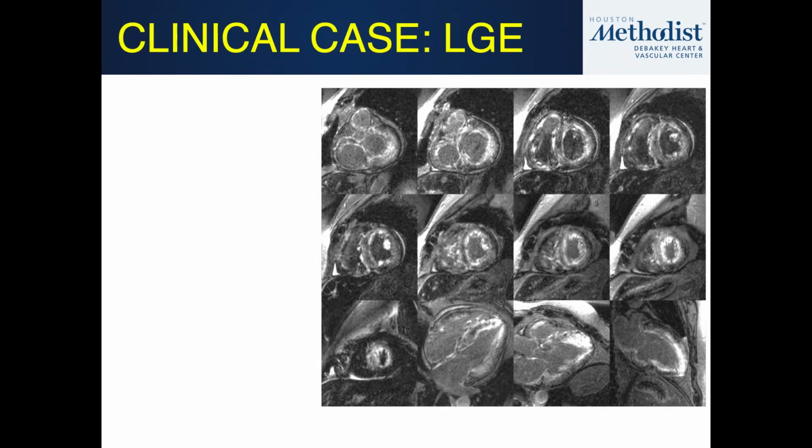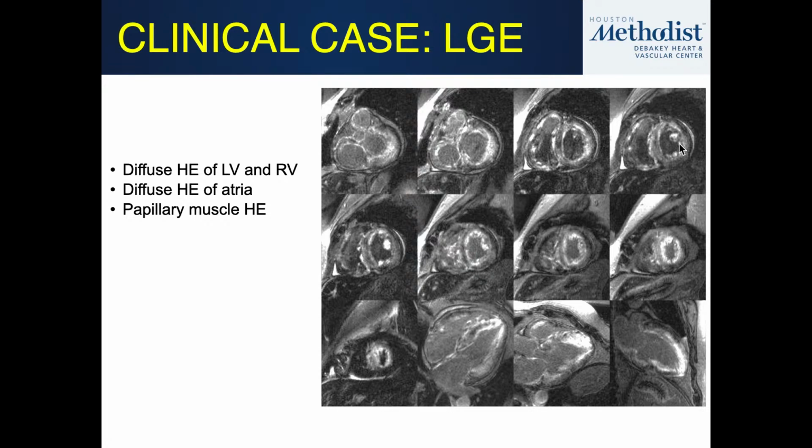But I think that the key finding here is when you give gadolinium contrast and you do the delayed enhancement imaging, what do we notice? We see that there is really diffuse contrast uptake both in the left ventricle as well as in the right ventricle. In fact, when we look at the four-chamber and three-chamber views, you can also see significant contrast uptake within the left atrium as well.